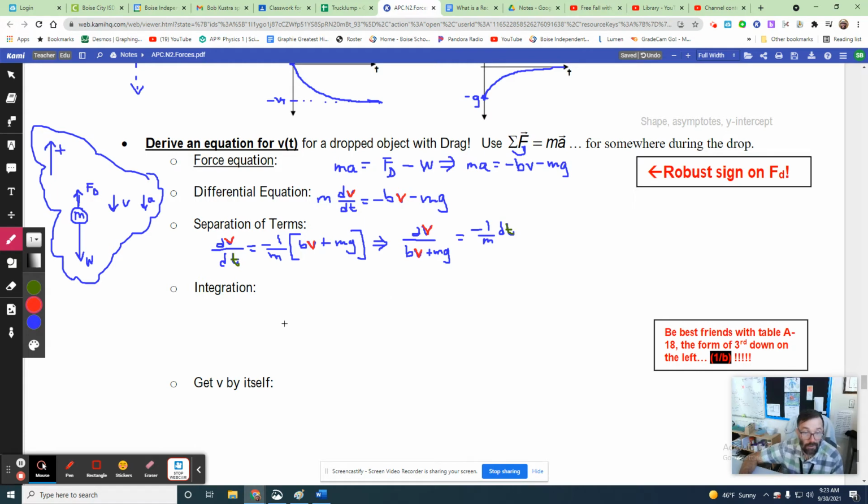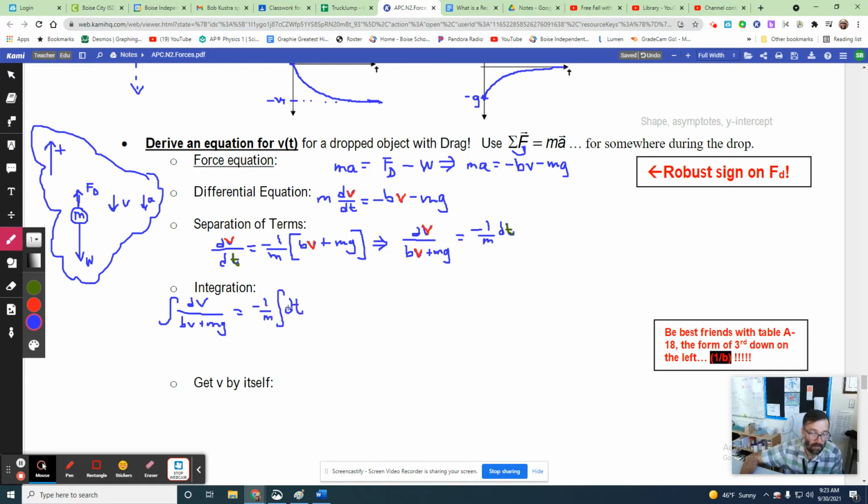Okay, now we're going to do some integration. So let's try that out. It's an equation. If I do the same thing to both sides, it should still be equal. So I'm going to integrate both sides. Integrate the left side, dv over bv plus mg, equals the integral of negative 1 over m, a constant, times the integral of dt.